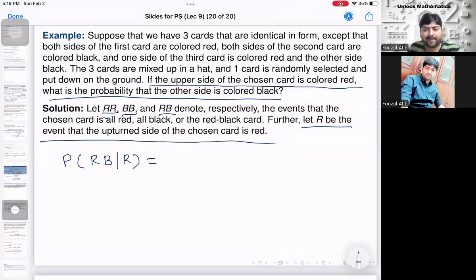So we have three mutually exclusive events: RR, BB, and RB. And R is one event which depends on them.